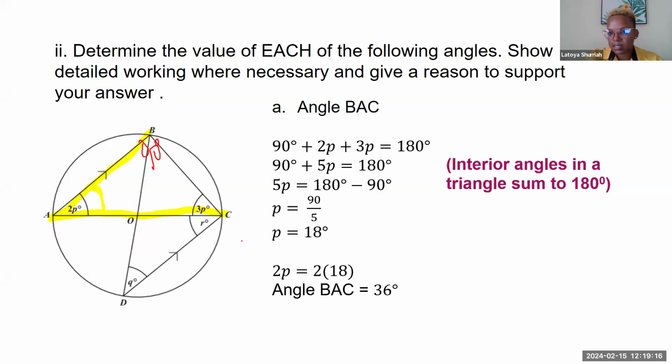Can somebody else help Moses to understand how come B is 90 degrees, please? By opening your mic and sharing. It's because the angle in a semicircle made by the diameter and touching the circumference is equal to 90 degrees. I couldn't say it any better than Michaela. Thank you so much, sweetie. Moses, you hear that?